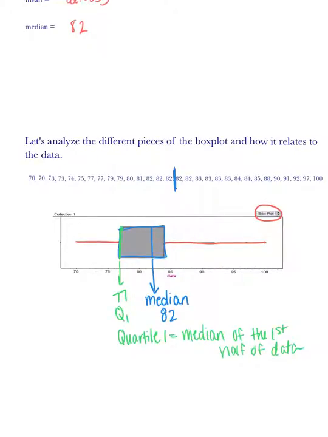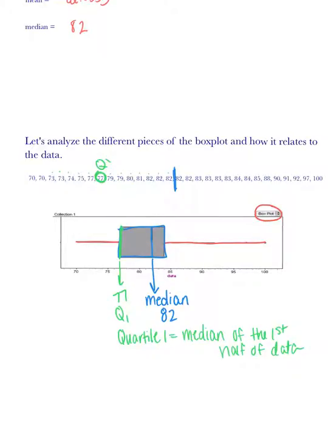So think about this. If I were to start counting just the first half of the data up to that blue line, and I needed to find quartile 1, I've got 15, so let's count back. 1, 2, 3, 4, 5, 6, 7. This should be the middle number. And then you can count, 1, 2, 3, 4, 5, 6, 7. So that's the middle. That's quartile 1 right there.